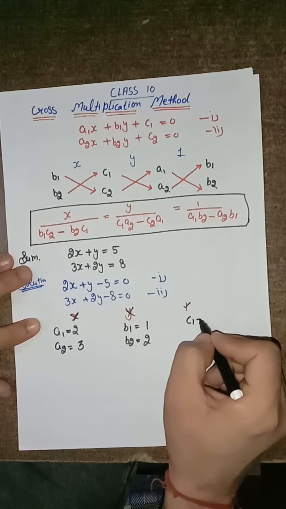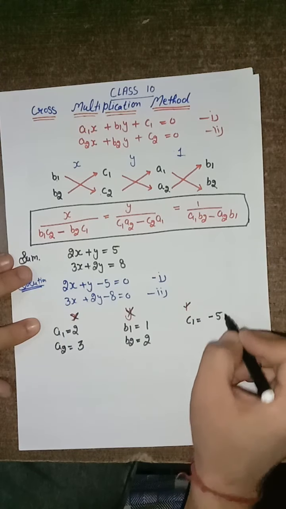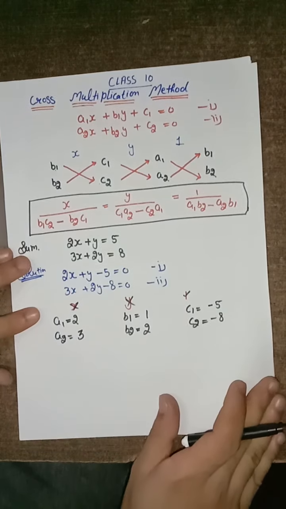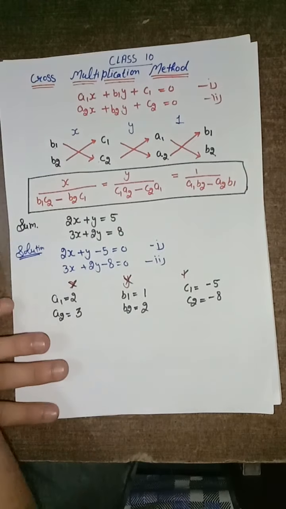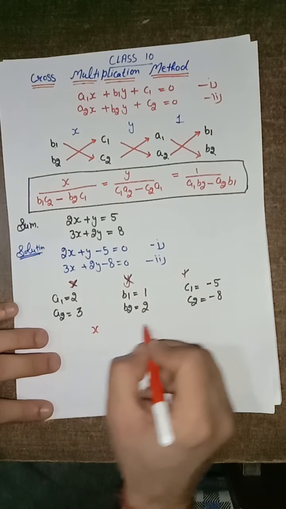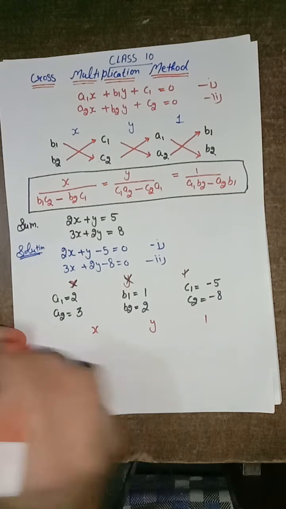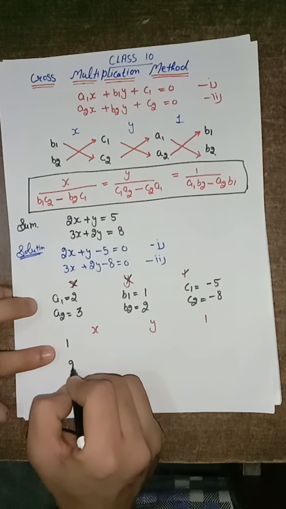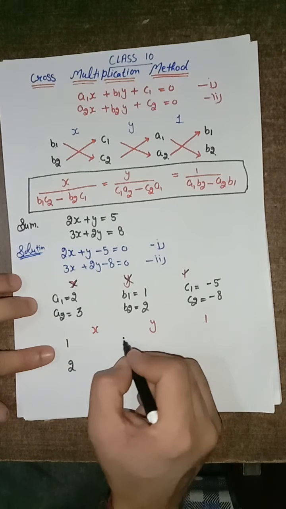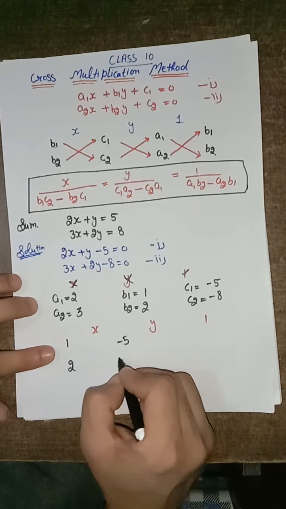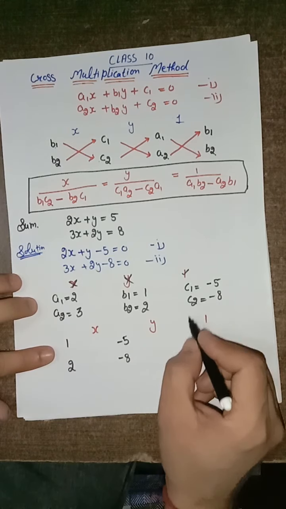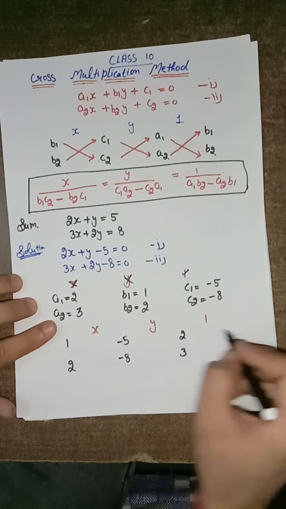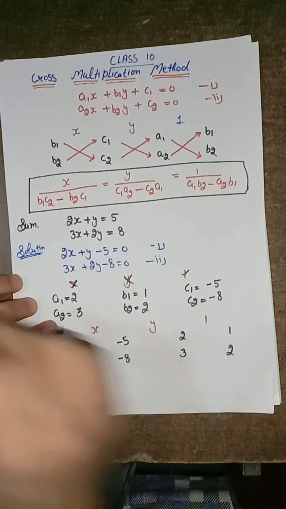Now the constant term in the first equation is minus 5, and in the second equation is minus 8. Now we write x, y and 1. Write b1 is 1 and b2 is 2. c1 is minus 5, c2 is minus 8. And a1 is 2 and a2 is 3. Again b1, b2.